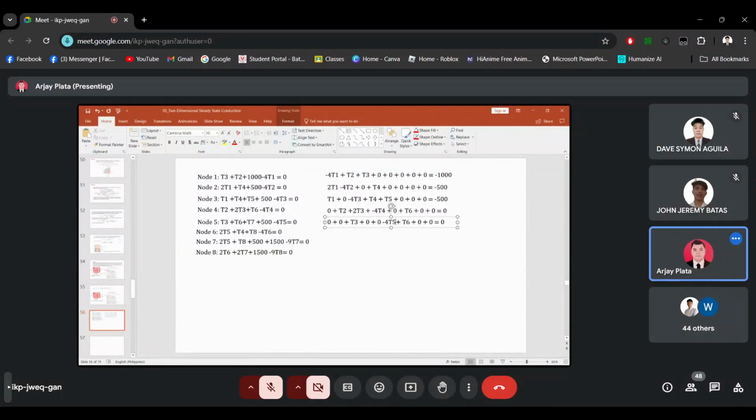So we have T6, T7. So yeah, that's for node 5.